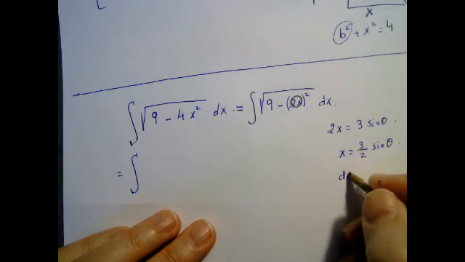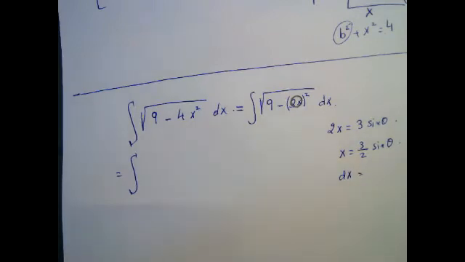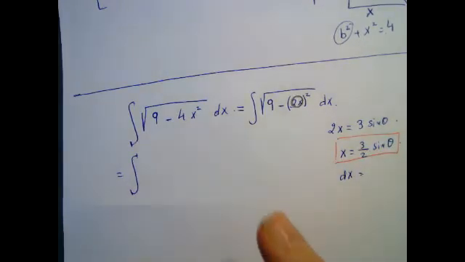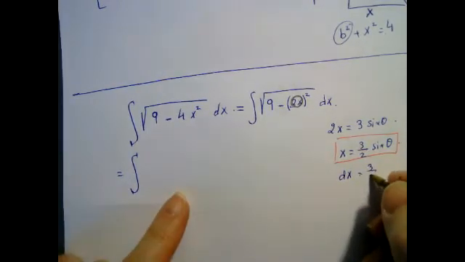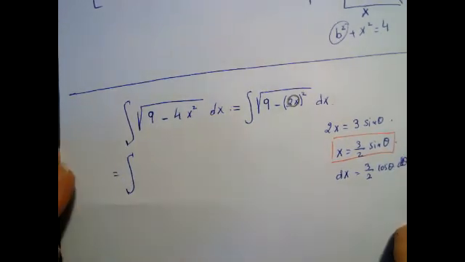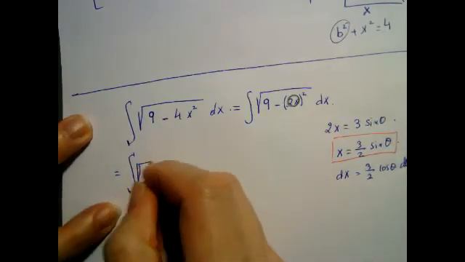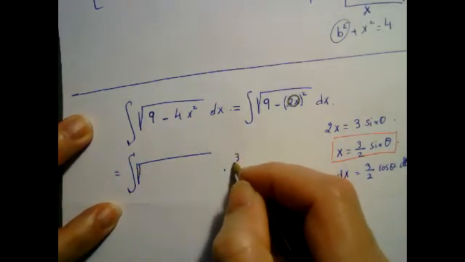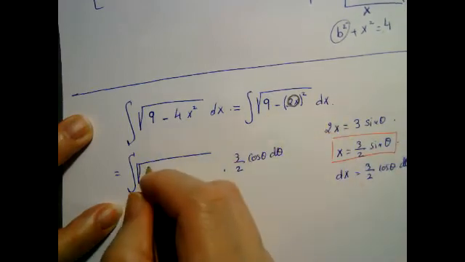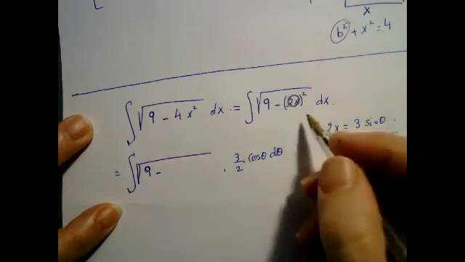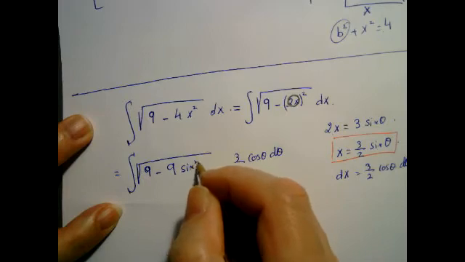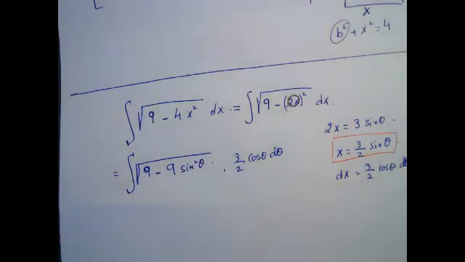So I compute now the dx. That's going to be the best substitution. So dx would be 3/2 cosine theta d theta. And now everything verbatim. This would be the integral of the square root of 9 minus 9 sine squared theta.